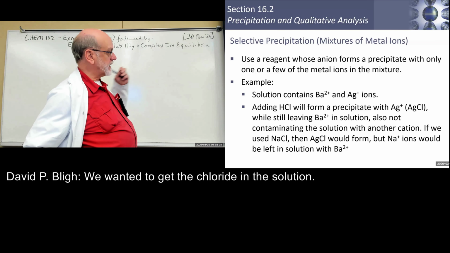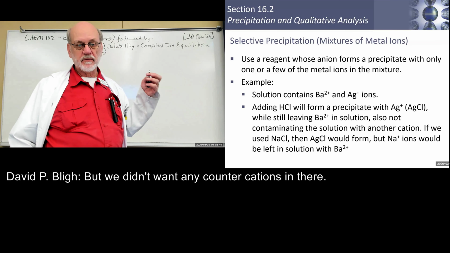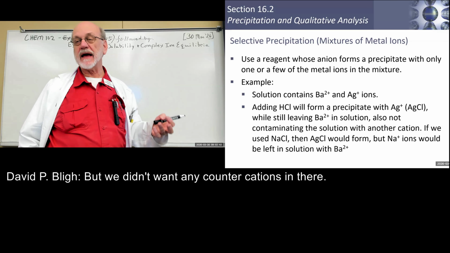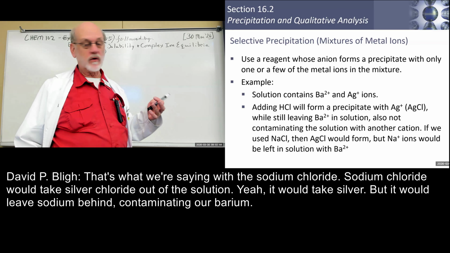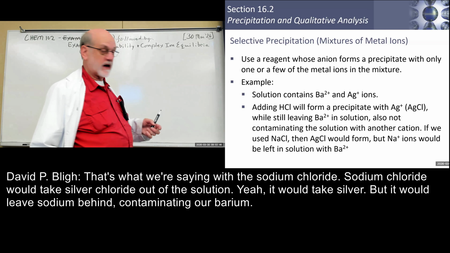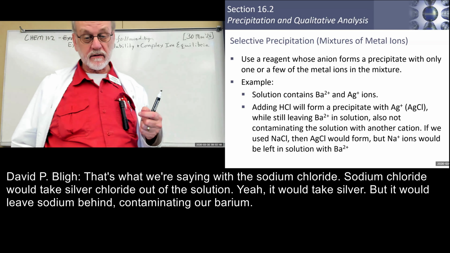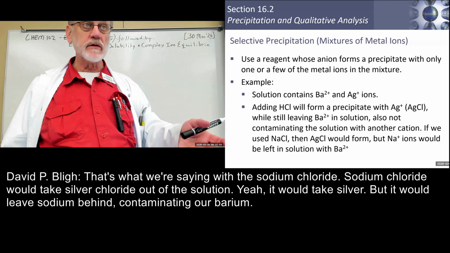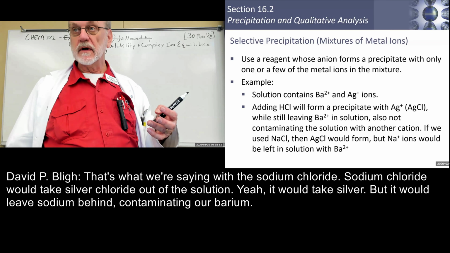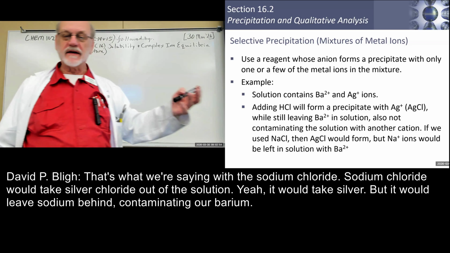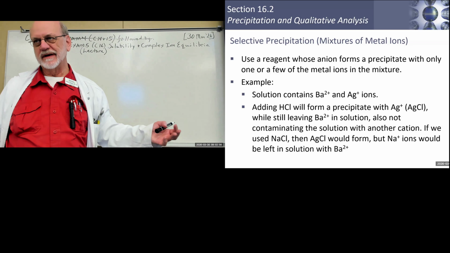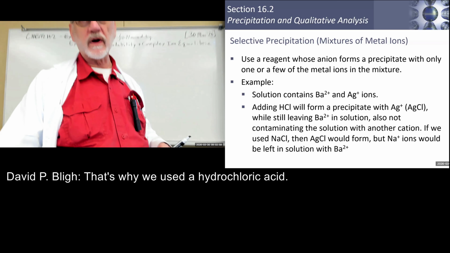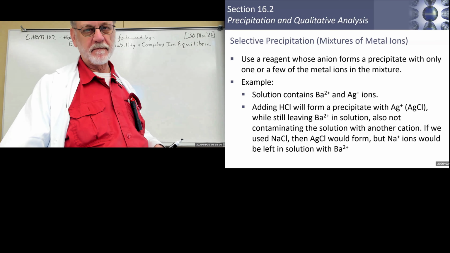We wanted to get the chloride into solution, but we didn't want any counter cations in there. That's what we're saying with the sodium chloride. Sodium chloride would take silver out of solution, but it would leave sodium behind, contaminating our barium. That's why we used hydrochloric acid.